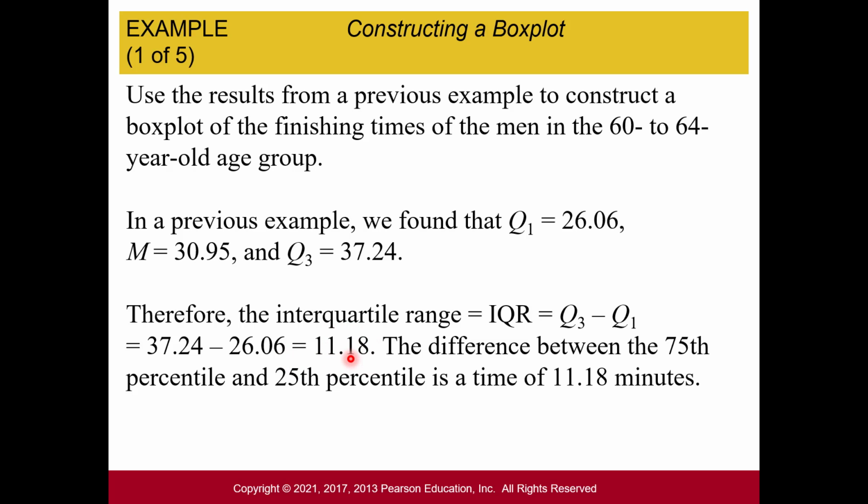A way to interpret this value is just to say that the difference between the 75th percentile and the 25th percentile is a time of 11.18 minutes. If you recall, the 75th percentile is your third quartile, and the 25th percentile is your first quartile. So pretty much 50% of the data is within 11.18 minutes of each other.